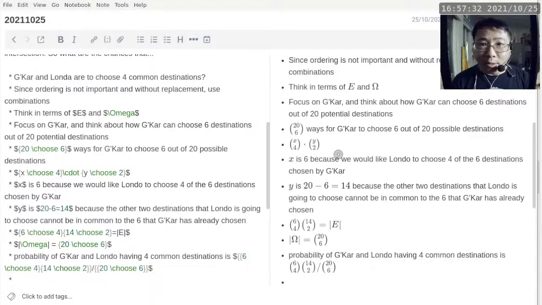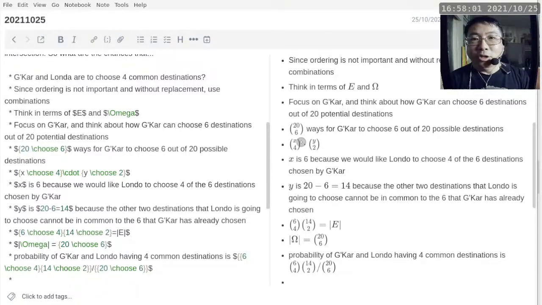It's a matter of how you think about it. But a lot of times people forget about the y choose 2. They forget about the other non-matching destinations, and they only deal with the first one. Then we don't have the right number, because we have not taken into consideration how many ways we can choose the non-overlapping destinations. We've got to take that into consideration.